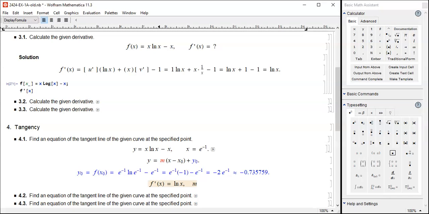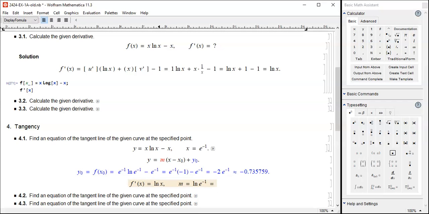Therefore, m is equal to log of e to the negative first power, because I'm plugging the x0 value right here, this guy. And what is log of e to the negative first power? Log and exponential just cancel each other out because they're inverse functions. And that completes the red part.